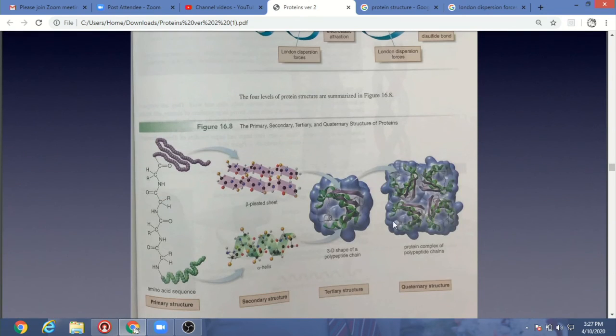So here's hemoglobin, with this subunit, this subunit, this subunit, and this subunit all held together. And there's actually an iron atom in the center there. I'm not sure why they didn't show that. That's what helps attract the oxygen to hemoglobin.